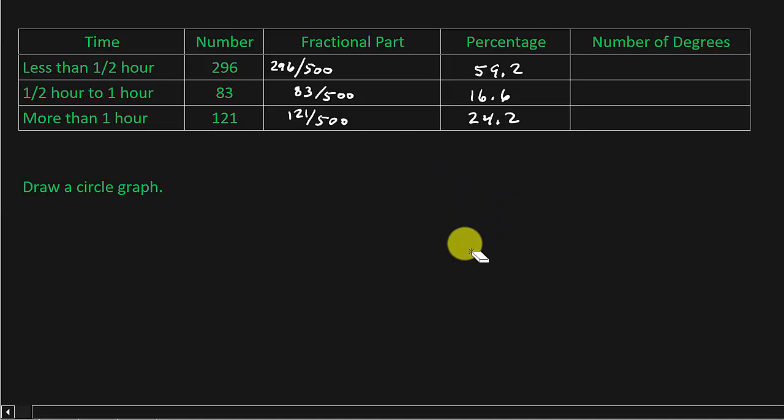Now, how do we get the number of degrees? Okay, so for the first one, 59.2%. So we take the 59.2% and multiply it by 360 degrees.